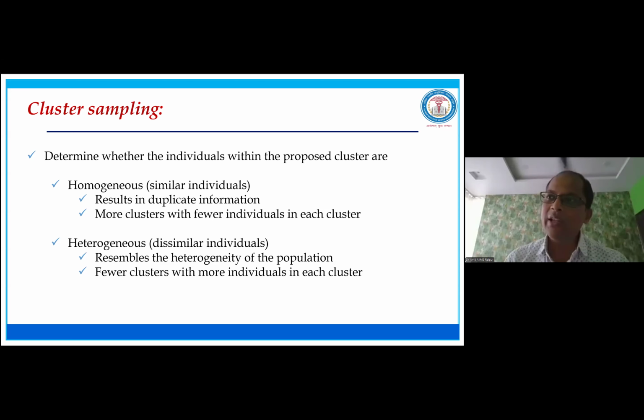So that will include more number of participants from many different clusters. If the clusters are heterogeneous, that means it resembles the total or the target or the reference population. That means it is representing the target or reference population. In that case, we can take fewer clusters with more individuals in each cluster.